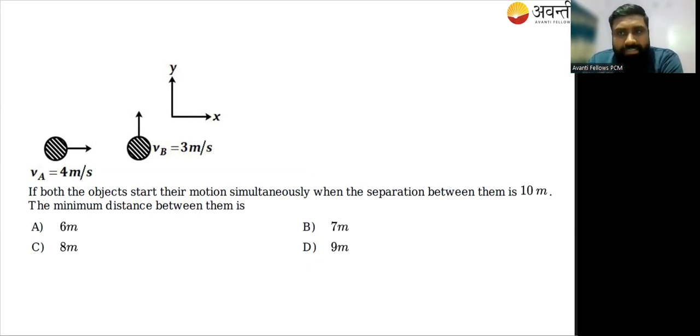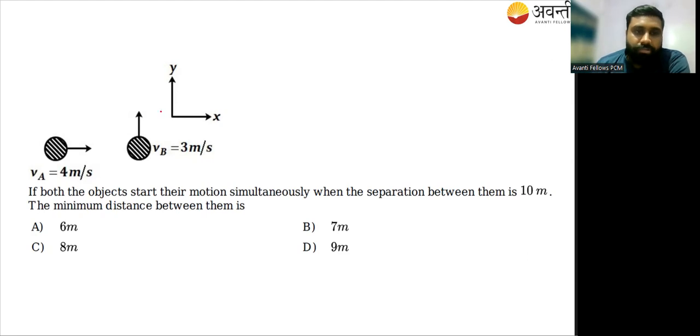There are two bodies in the system, so we will observe the motion of body B with respect to body A. The benefit is that one of the bodies will come to rest immediately. Only the other body is moving, and simply you can guess the minimum distance between them.